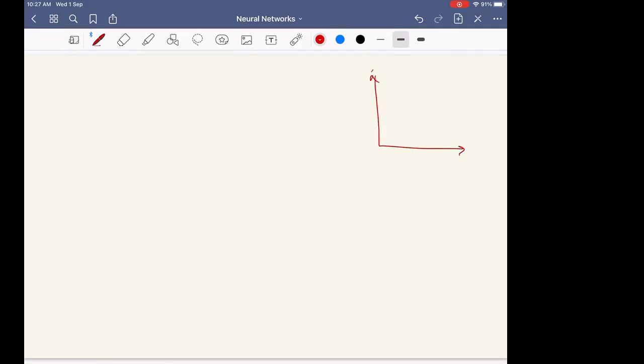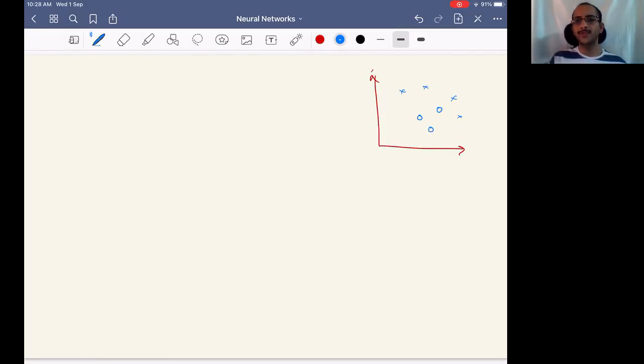In such cases, what architecture do you suggest? If we can't separate the samples by a linear line, we can use more layers, a network of neurons. If the samples are like this, we will not be able to separate them by a linear line, so we use a network of neurons to give a non-linear decision boundary.